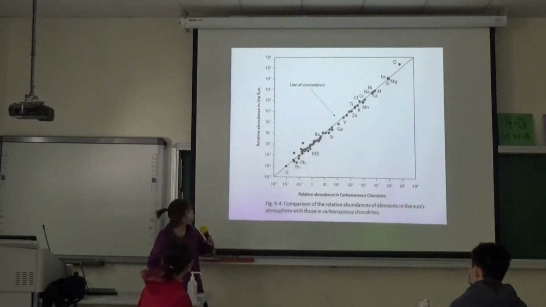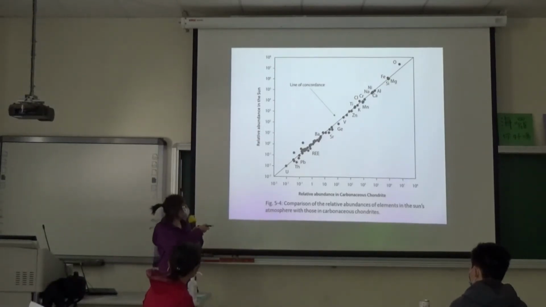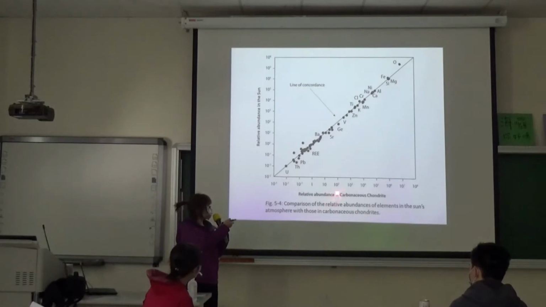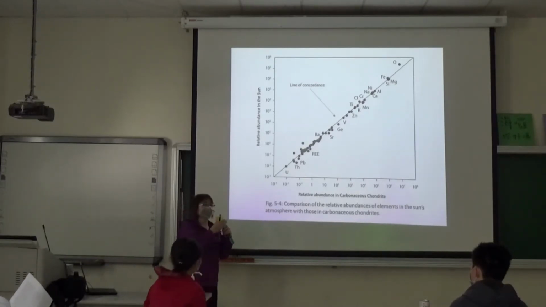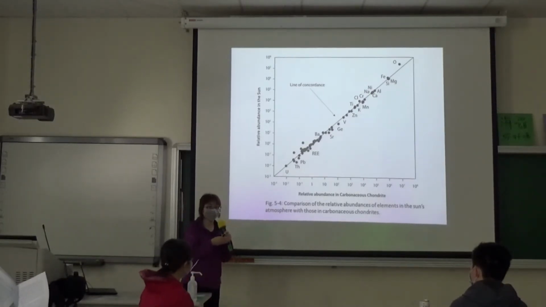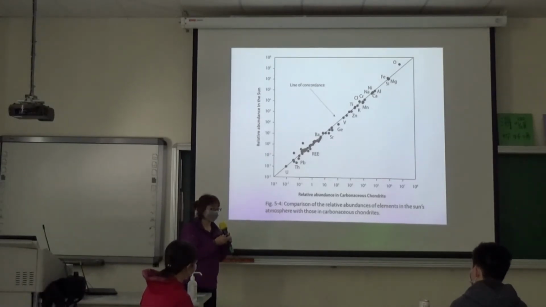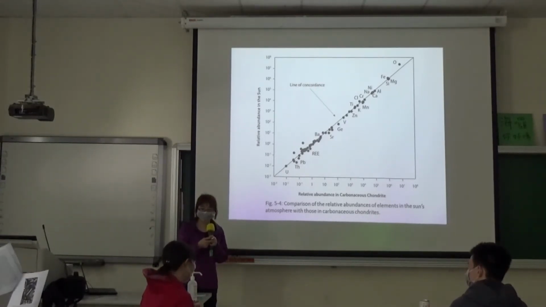The x-axis is from the meteorites found on Earth. I didn't especially search how they analyze the meteorites, but I think it's a mass spectrometer.